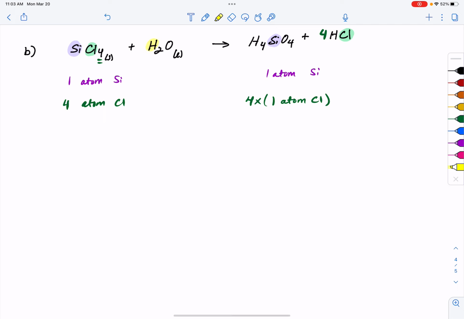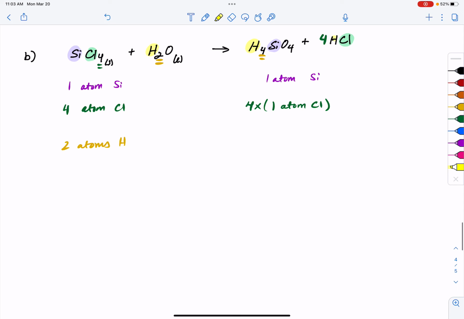Okay, let's do hydrogen. On my reactant side, I have 2 atoms of hydrogen. On my product side, I have 4 atoms of hydrogen from one of my products, and also now 4 hydrogen atoms in my other product.